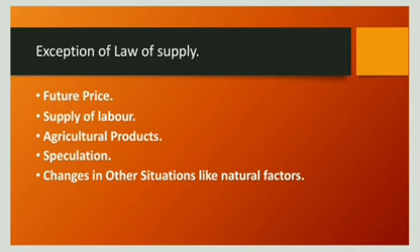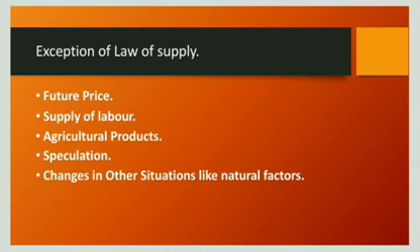Now we will deal with exceptions. We have economic principles to function, but they fluctuate as per prevailing conditions. So somewhere the law of supply also lags behind or falls short of expectation. This means that the future price will have an influence on the law of supply.